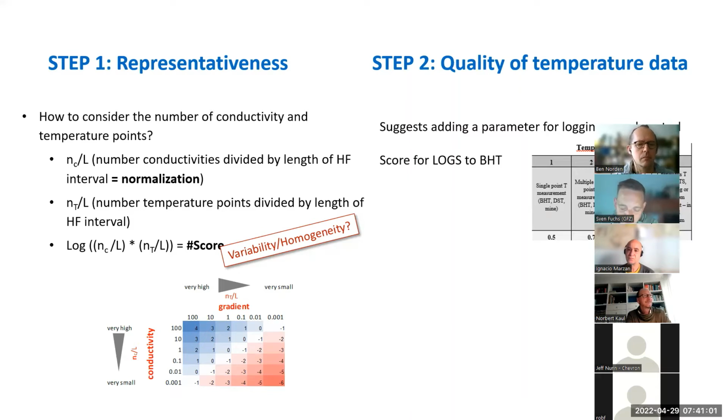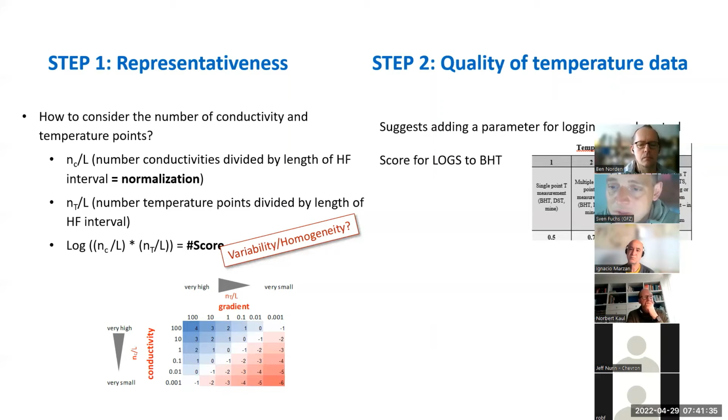First, the first aspect is somehow the time after the drilling finished, because obviously you can have a BHT or single point measurements as, say, the roughest resolution you can imagine, which was measured either closely after finishing the drilling or a long time after. So this makes a huge difference. So this somehow needs to be included here.